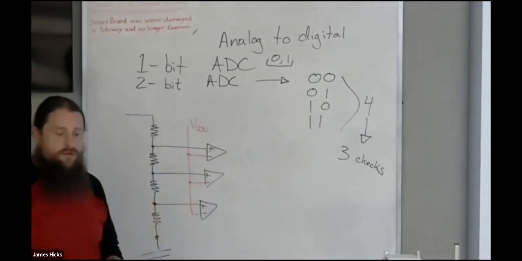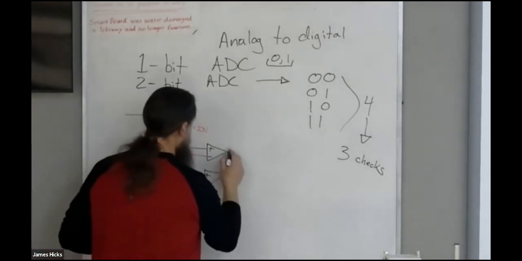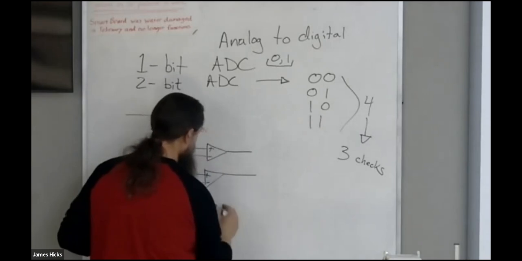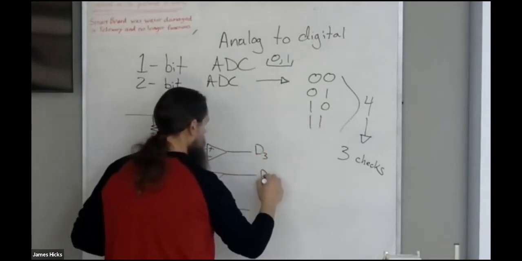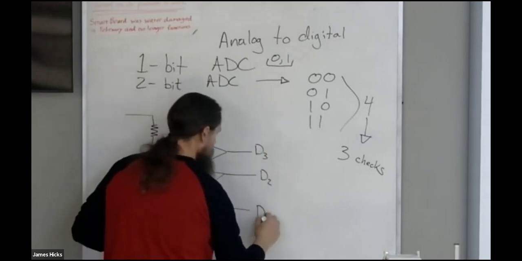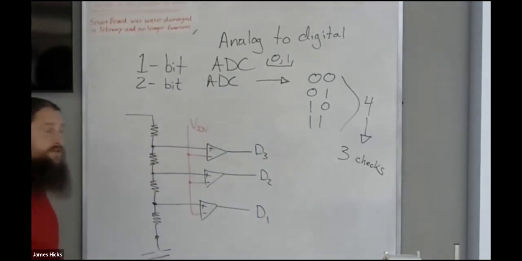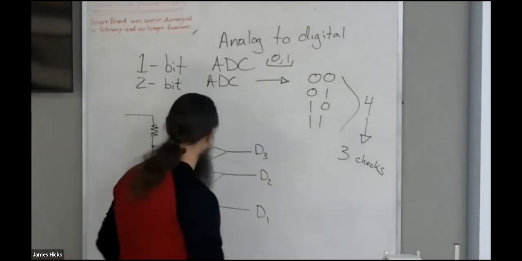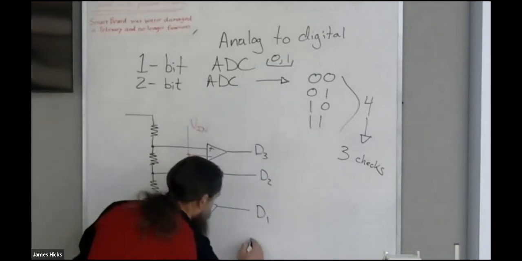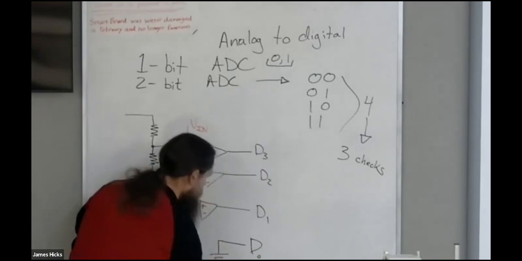That's where my input signal goes. I get 1, 2, 3. Three digital outputs. I need 4 states, so there's also a D0. It's just ground.